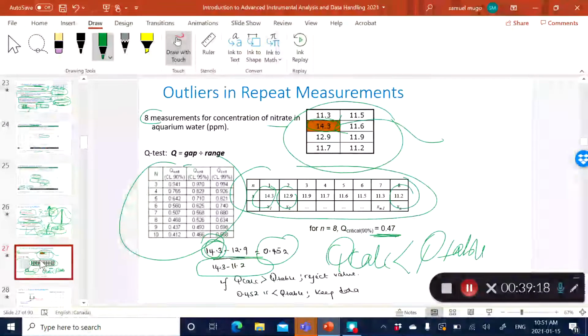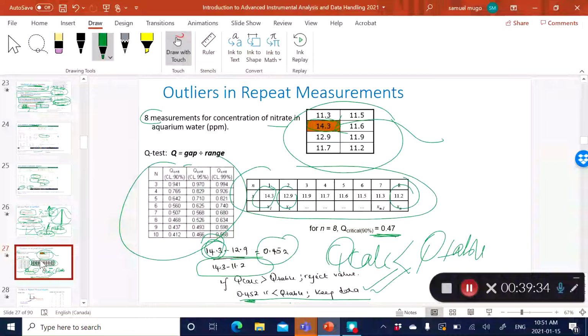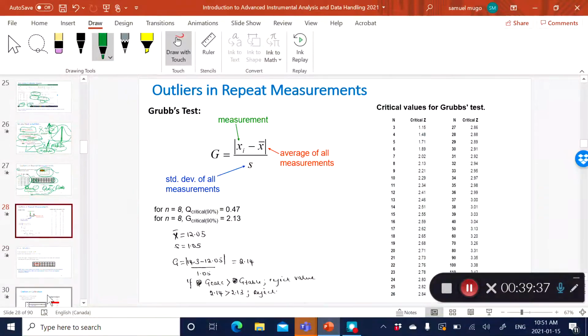So you can see the Q that I calculated is actually less than the Q from the table, and if that be the case, I should keep the data. It means in this case it's not an outlier. Now, the other method to test the outliers is the so-called Grubbs test.